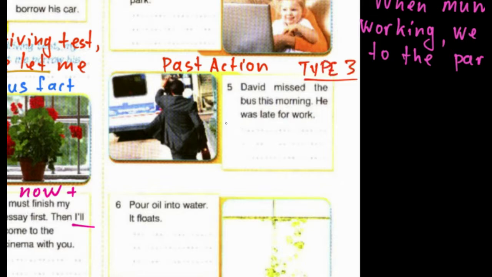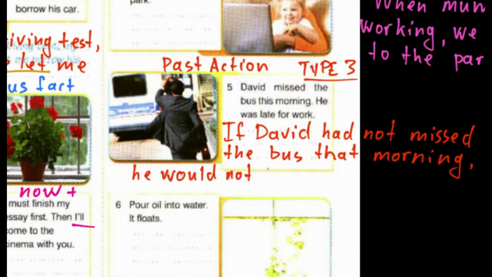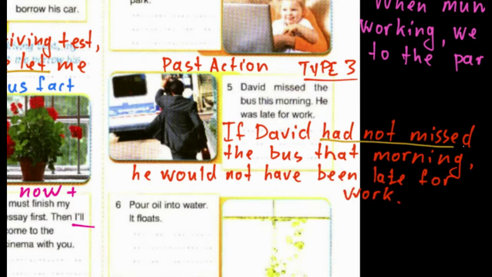So if David had not missed the bus that morning, I will put that morning because we talk about the past, he would not have been late for work. And here again I use past perfect and a modal verb with perfect infinitive.